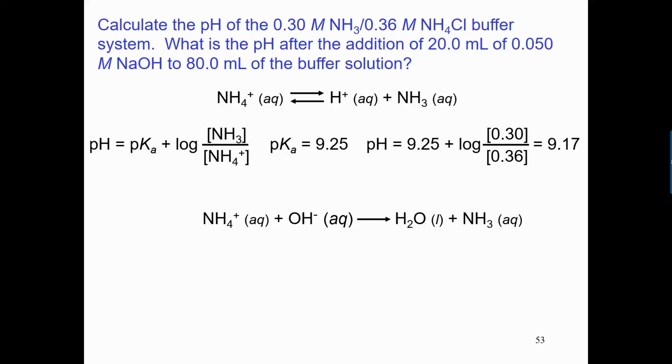Volume. When I change the volume of something, that dilutes it. That dilutes whatever was in there or whatever I added. So that means my concentrations have changed based solely on volume. So if I change the volume, it's going to change the concentration, so I have to reconsider all of that. How am I going to do that?